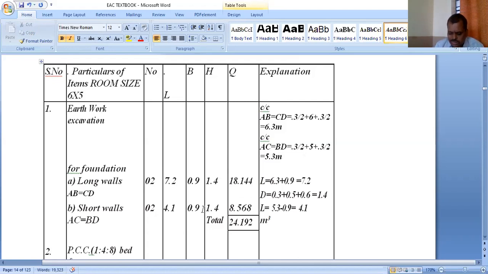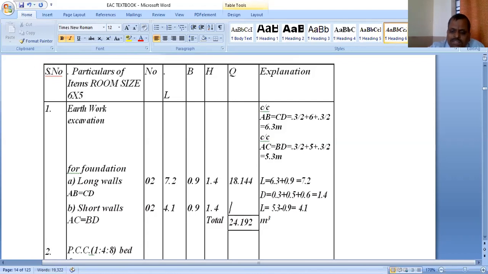So how much will it be? It is also very easy: 2 into 4.1 into 0.9 into 1.4. It will be 10.332.